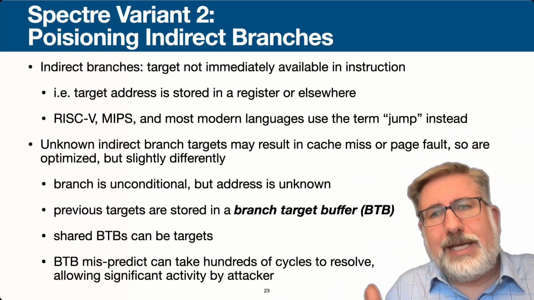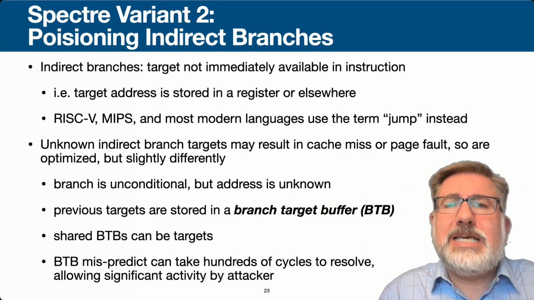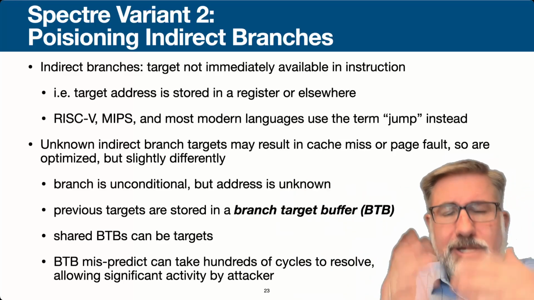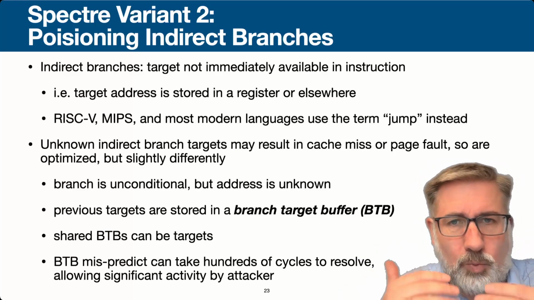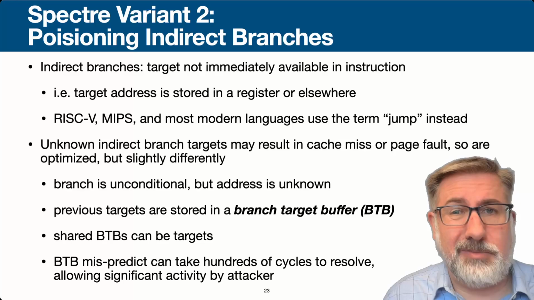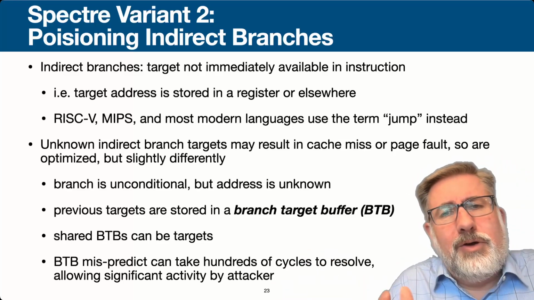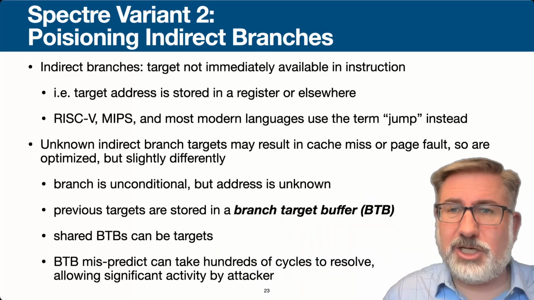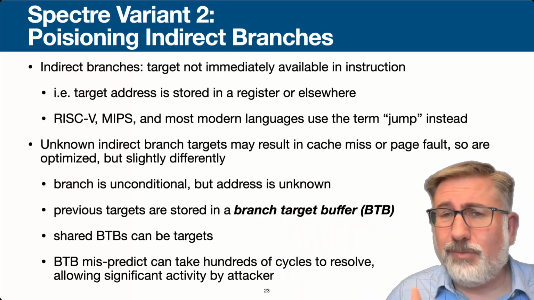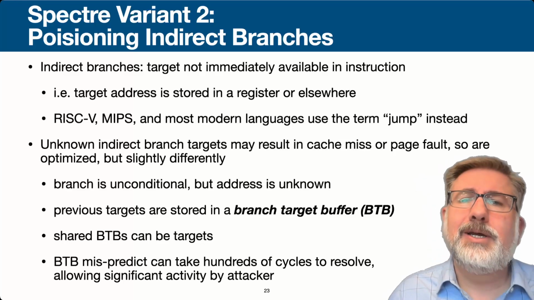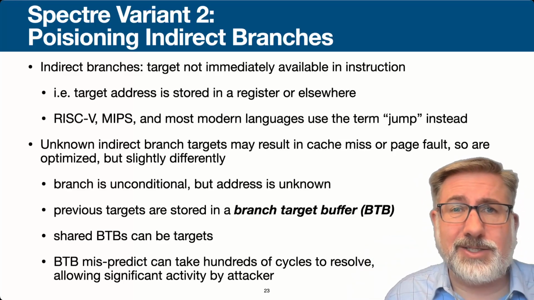And so like a branch predictor, we have a branch target buffer, which keeps copies of the previous addresses that we have branched to, or other ways to predict what the address of the branch is going to be. Again, these should be jumps, not branches, but that's okay. And if I can manipulate that branch target buffer, which again is a shared resource, then I can trick the machine into executing different kinds of code.